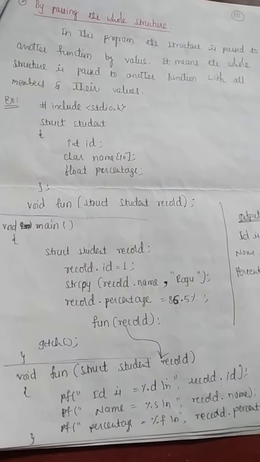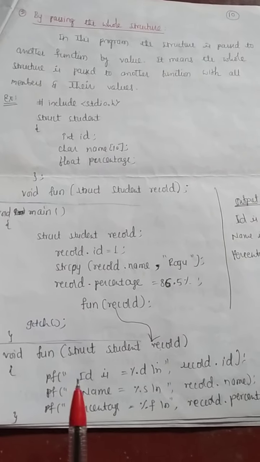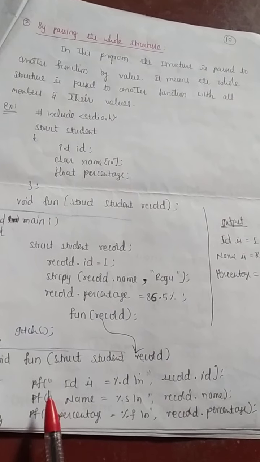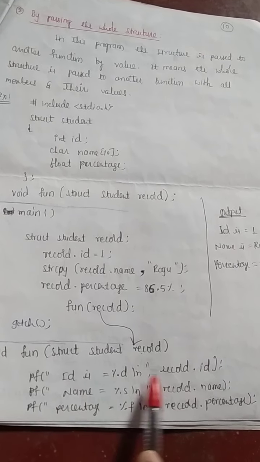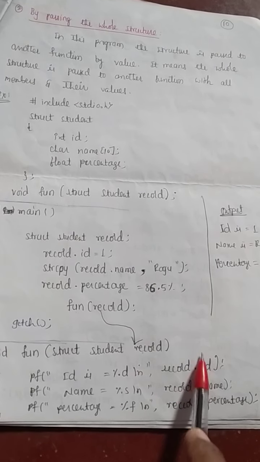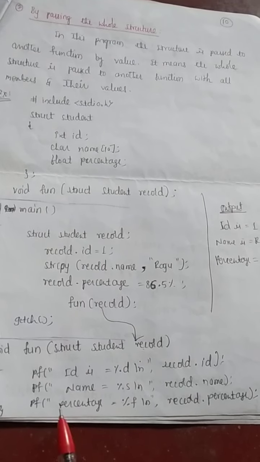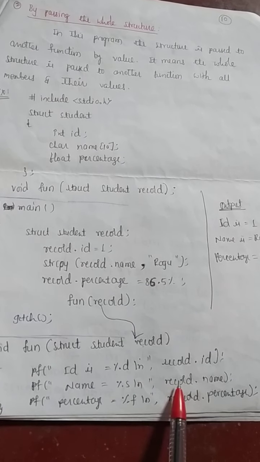Got it? So what happens in the sub function? We are printing the values of id, name, and percentage using printf statements. Printf id is equal to %d, record.id. Whatever value is stored in record.id will print here. How much? 1. Then name is equal to %s, record.name.